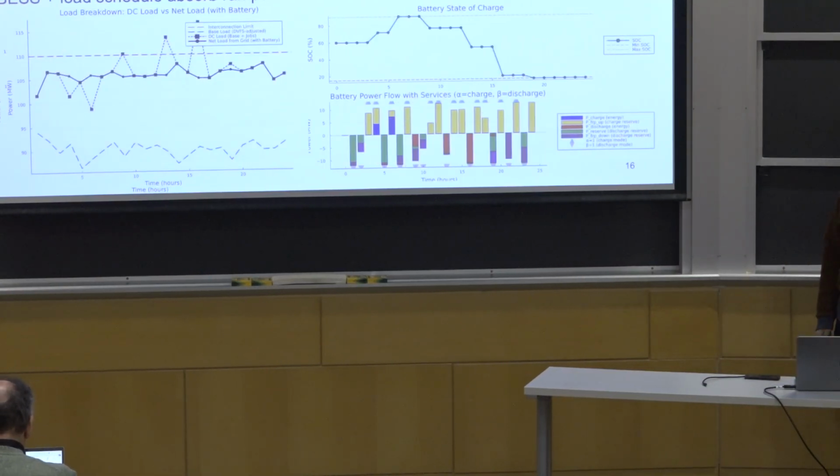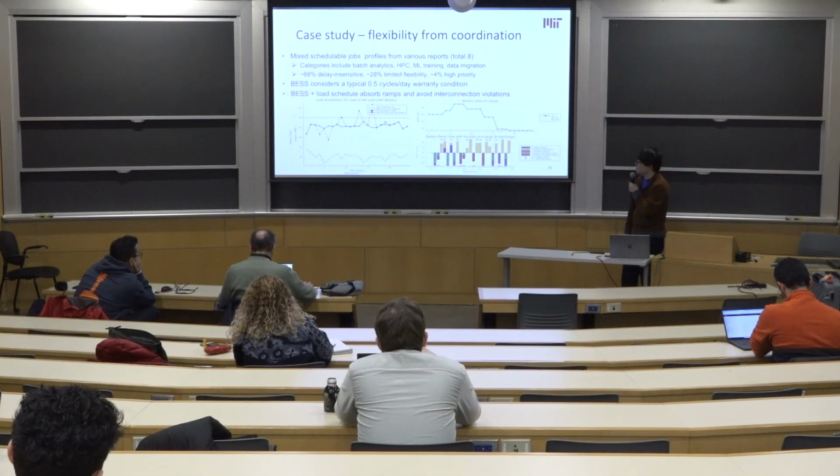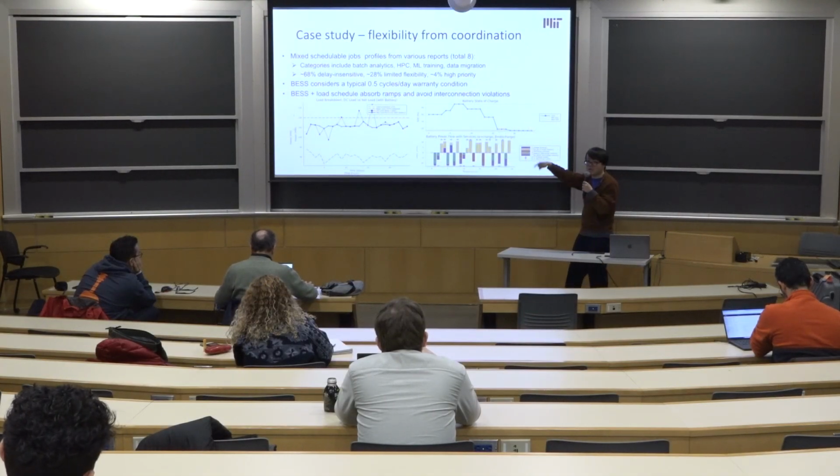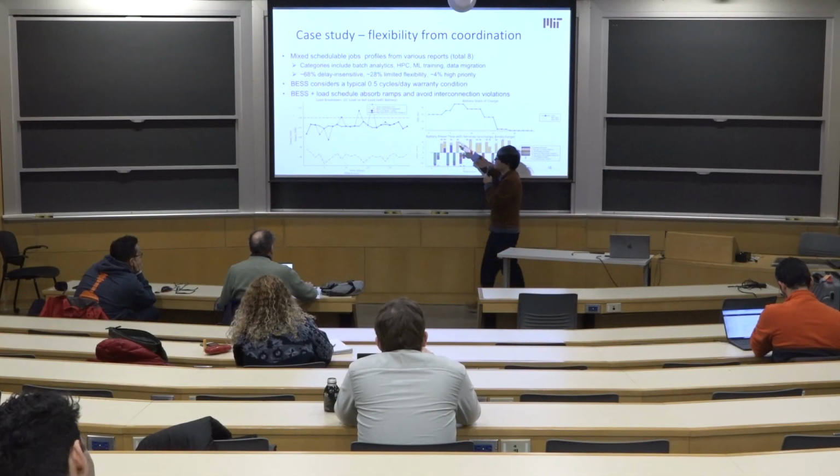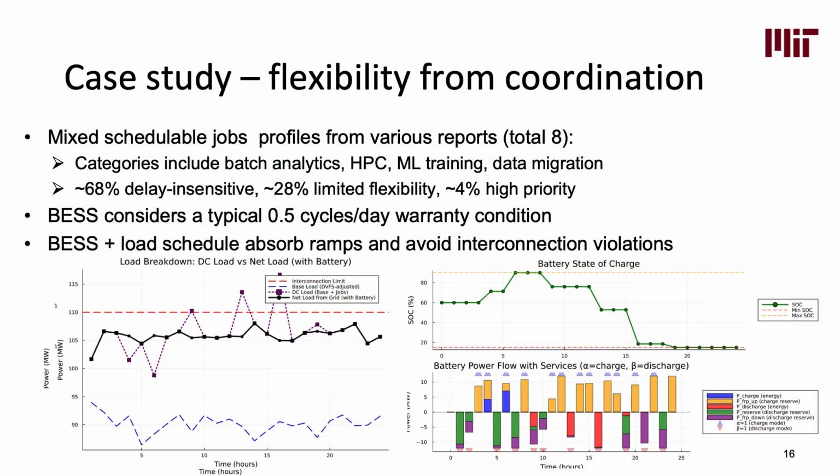And the next is even more interesting because there are even more fluctuations here. But we can see that the net load after optimization is still quite flat, below the grid requirements, and there are no large ramps as well. Those peak ramps are absorbed, and the batteries operate in a more aggressive way, incurring both charge and discharge operations.